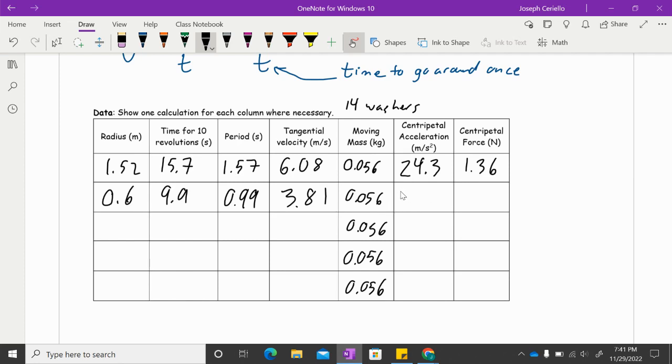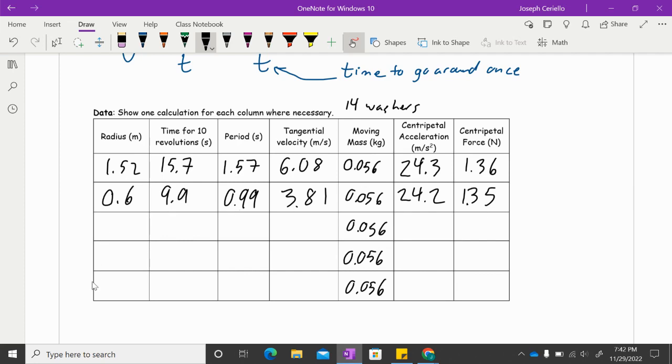My centripetal acceleration, I'm getting 24.2. And my centripetal force, I'm getting 1.35. Notice how those values are really close. And that's how you know you're doing this right. You actually should get values that are really close.